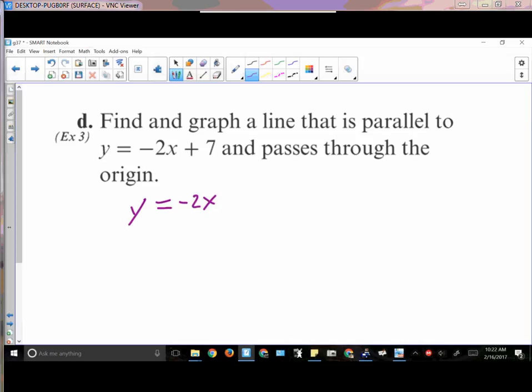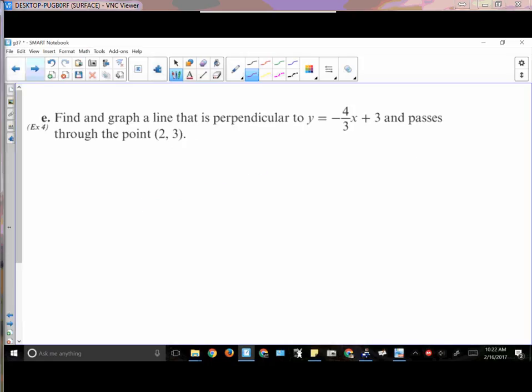Well, you wouldn't want plus 7. You just want that. Because it's going through the origin, and the origin has coordinates 0, 0. So the y-intercept is 0. It's not going through the y-axis any other place. So that's it. Y is equal to negative 2x. I know, it's kind of a sneaky one, right? So, all right, I'm going to give you a little time. Play with this one.